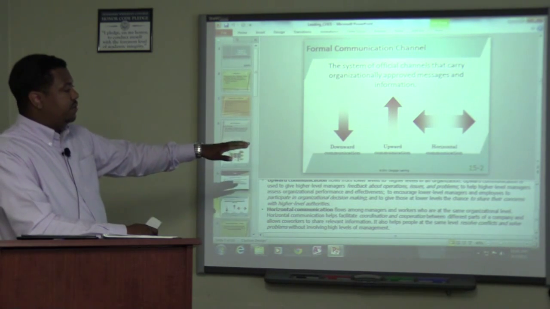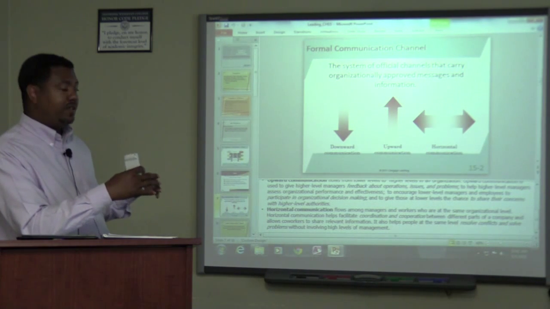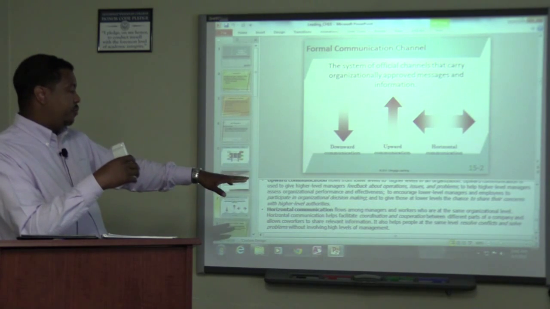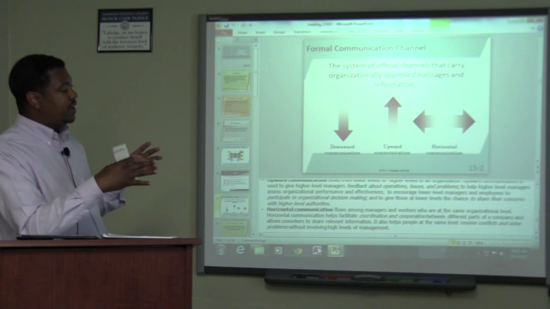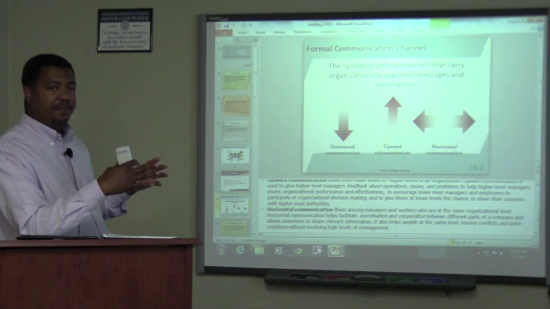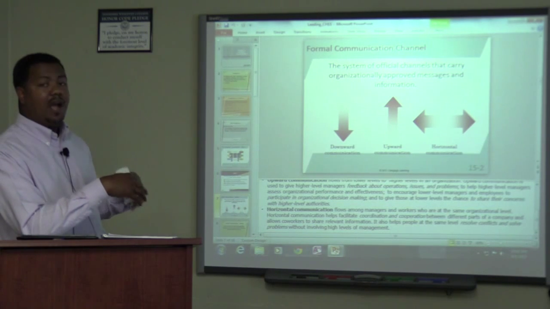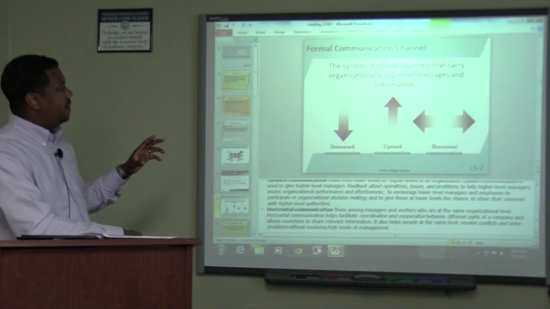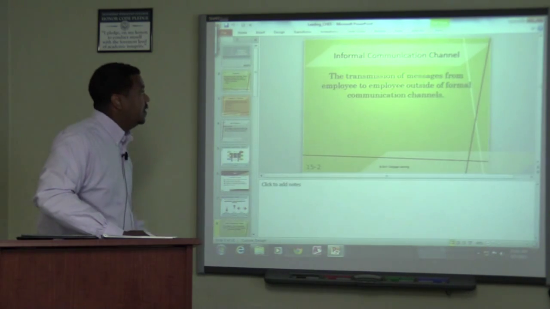Versus horizontal communication, that's communication that can take place among colleagues about what is taking place, giving them an opportunity for collaboration and cooperation on different priorities, and also being able to resolve conflicts that can happen on that particular level without necessarily involving higher members of the organization. So this is a good way to think about what those formal communication channels are. Okay?